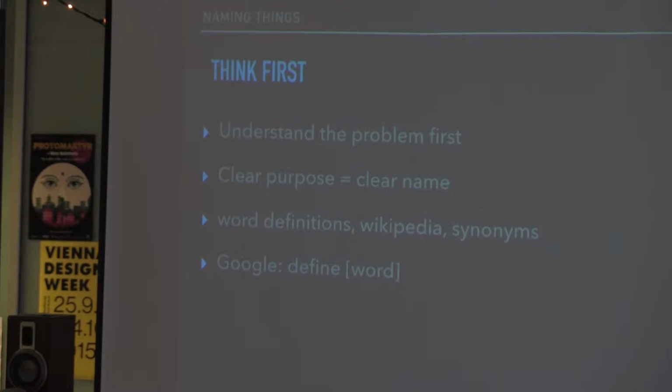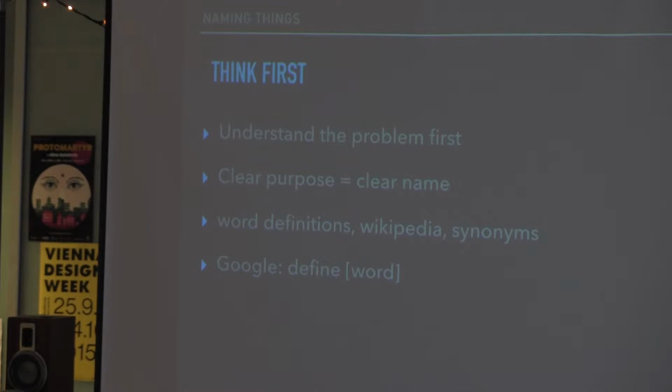So the first step in naming is to think about the problem you're trying to solve. You have to understand the problem before you can actually name things, because once you know the clear purpose of the concepts you're trying to introduce, you'll also get a clear name.